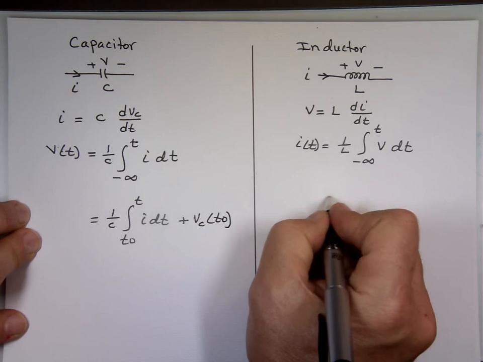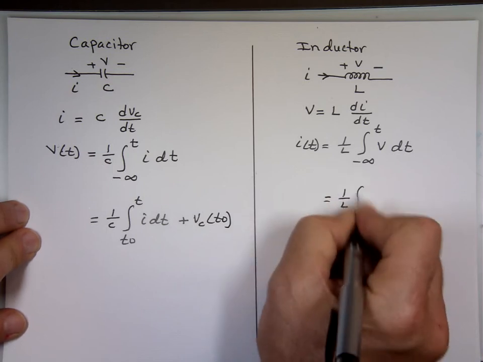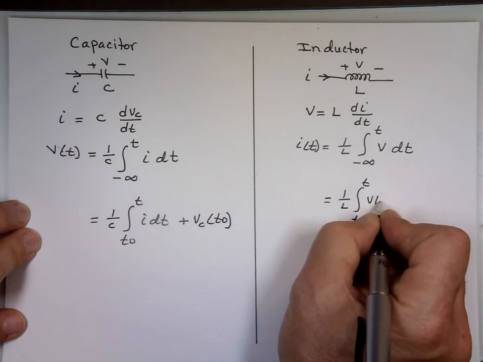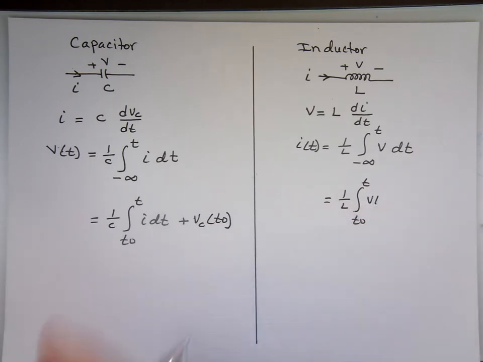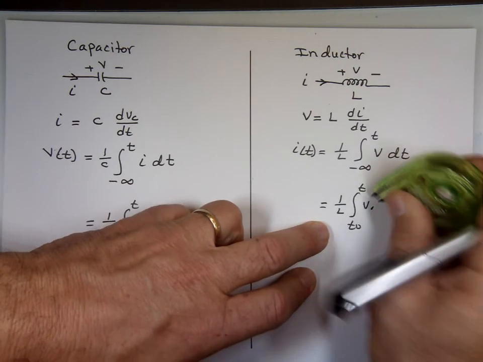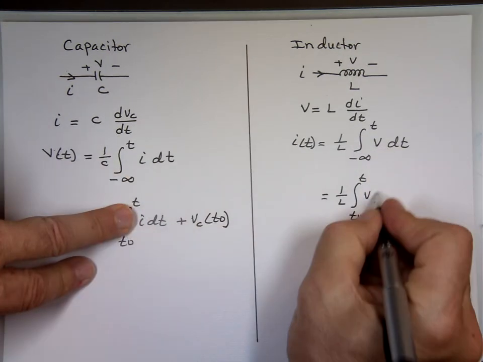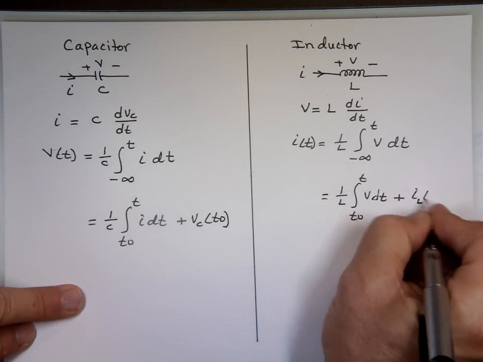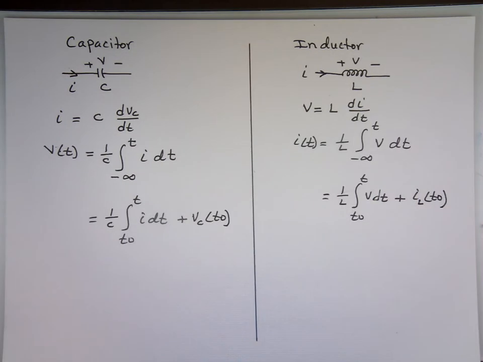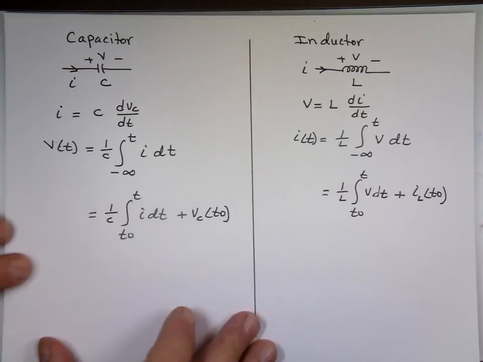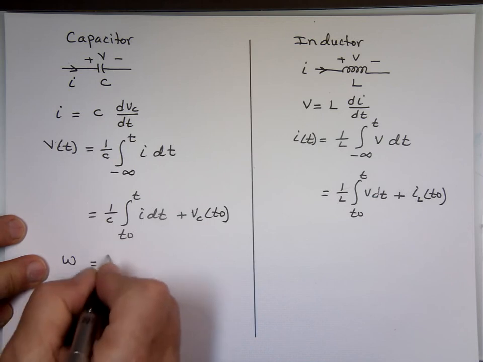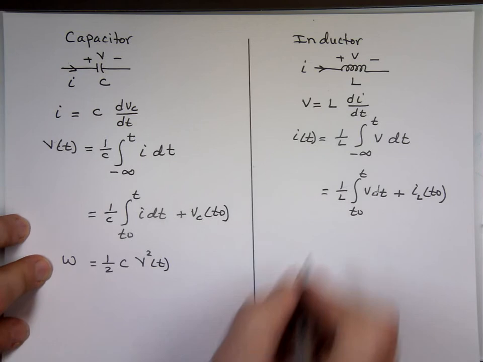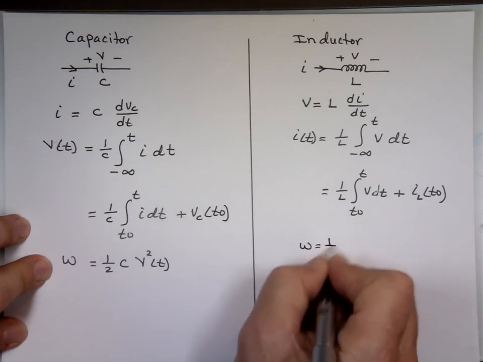And this one you can say 1 over L, the integral from t0 to t of V dt, plus the current through that inductor at t0. The energy stored: 1/2 C V squared of t. The energy stored: 1/2 L I squared.